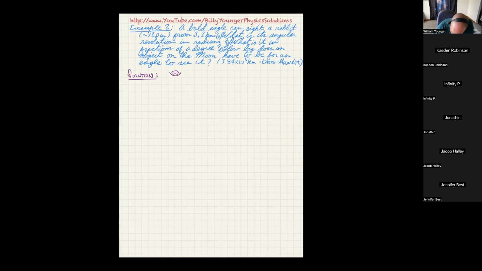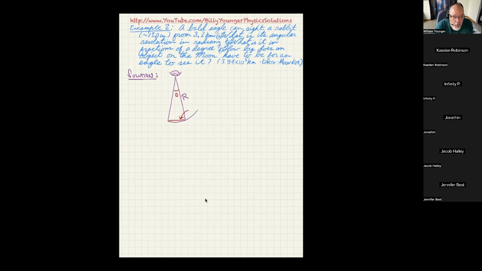What we're imagining is that this is part of a circle of radius r, but the angle is going to be so small that the chord distance, which is that one right here, is approximately the same as the arc distance. So that's a key idea to think about.